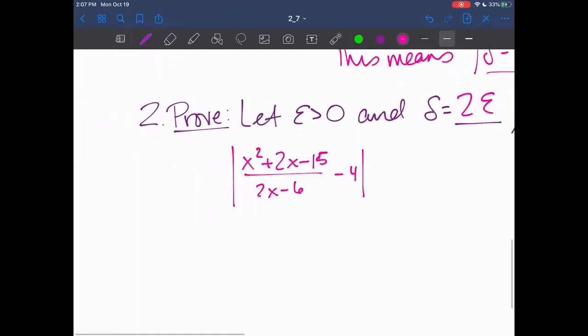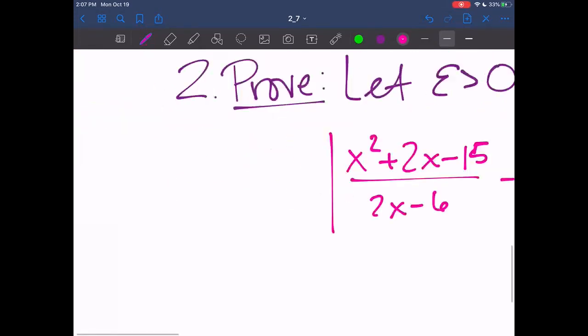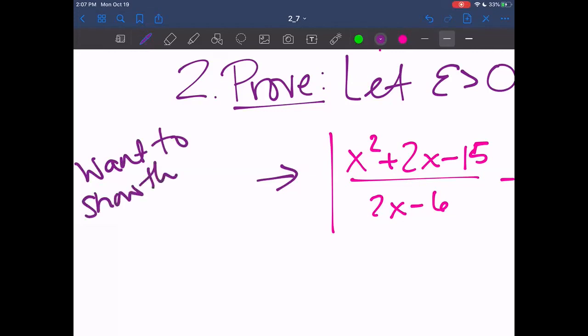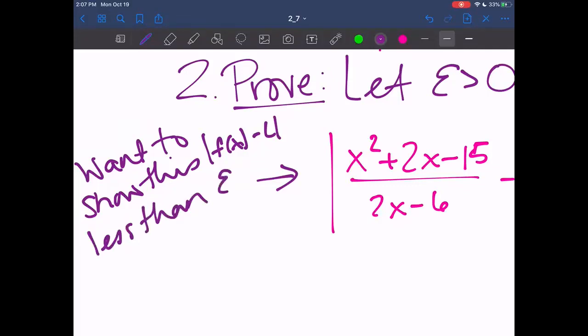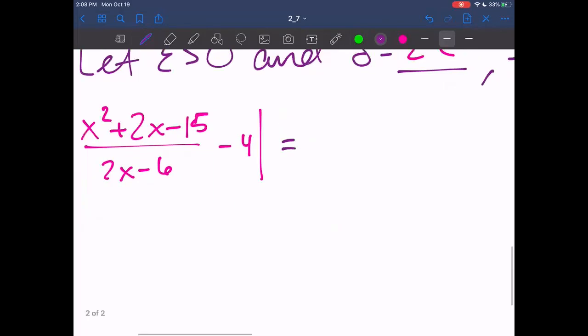We want to show that this is less than epsilon. This is our absolute value of f of x minus L.